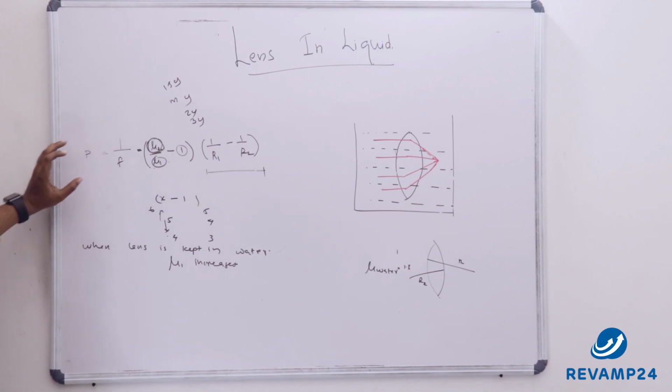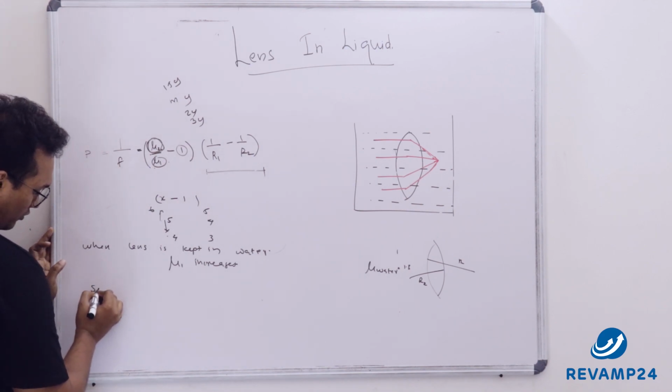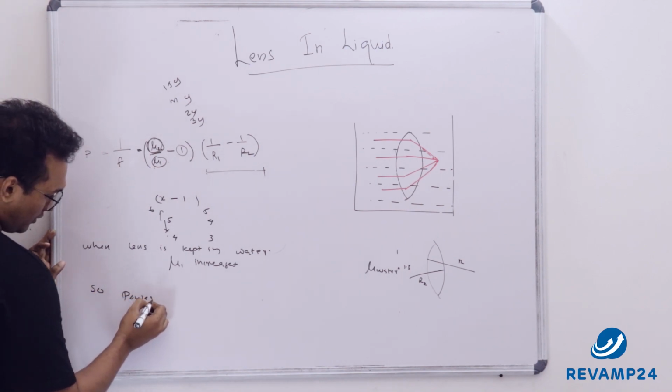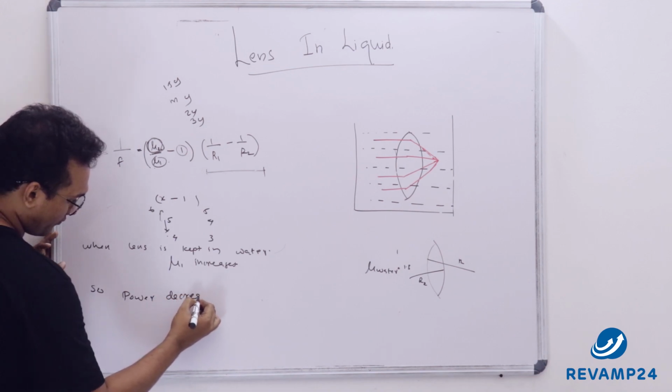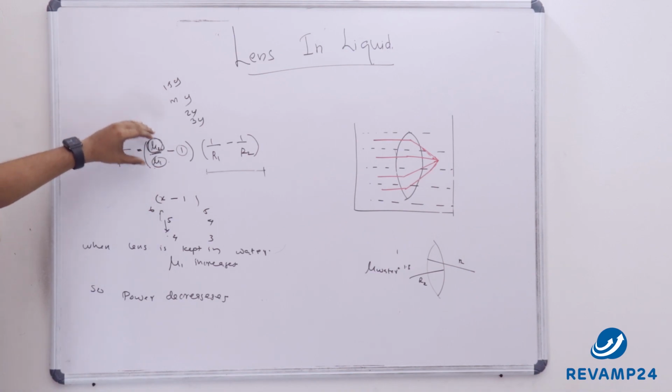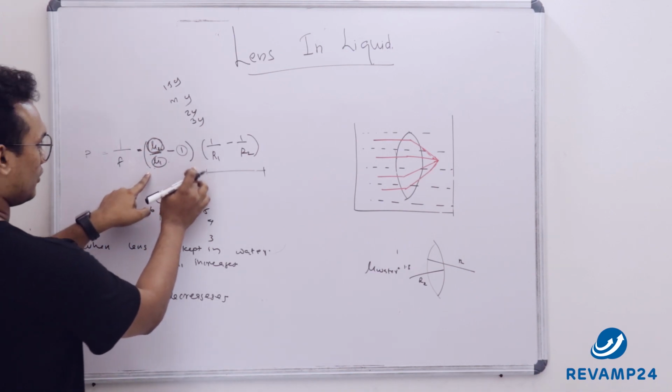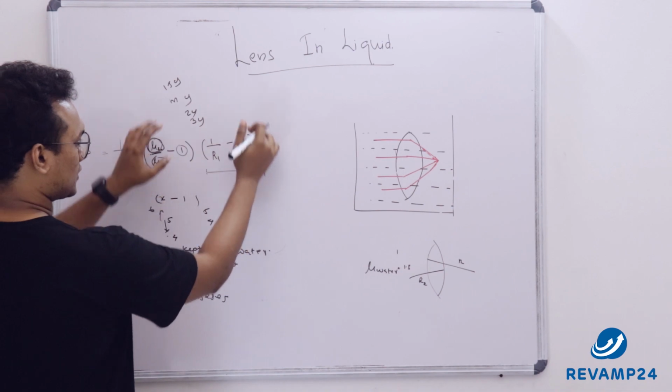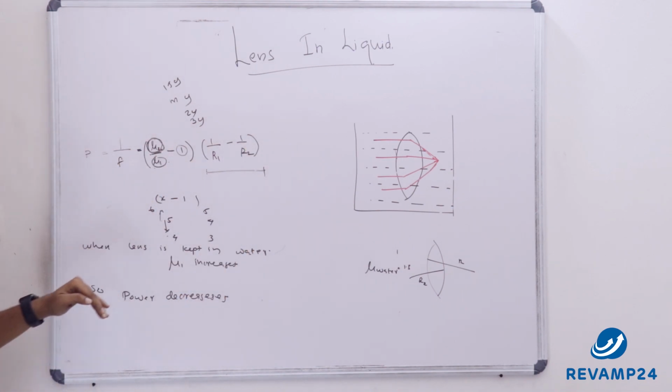So power decreases. Mu1 increases, the whole value decreases, and the total function decreases, so power decreases.